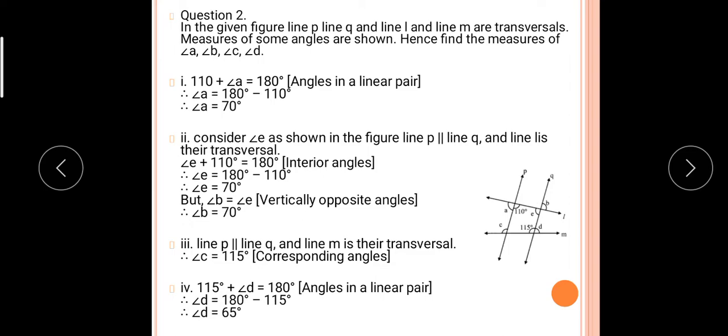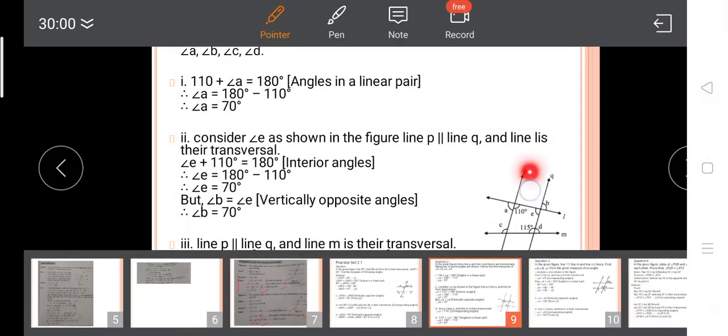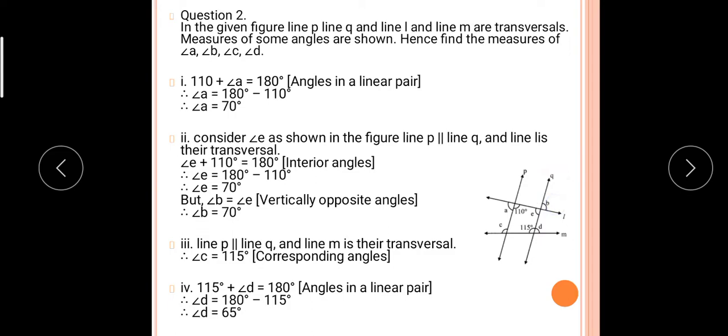Now consider angle E as shown in the figure. Line P is parallel to line Q. It was forgotten to mention here: P is parallel to Q and L is a transversal. L is the transversal. So angle E with 110, these two angles are interior angles, and interior angles formed by parallel lines are supplementary.